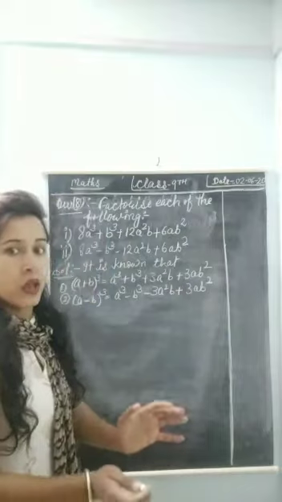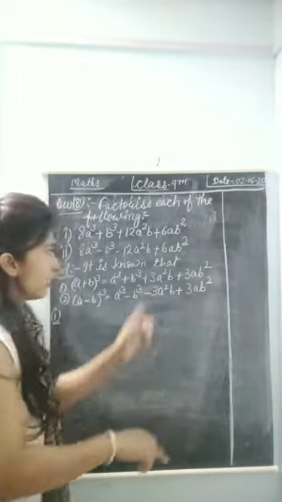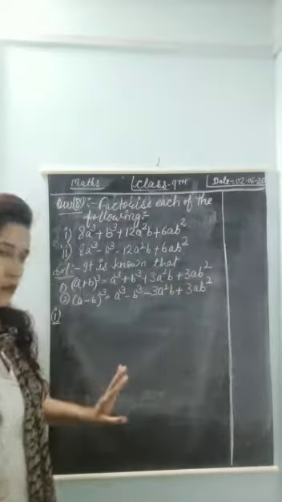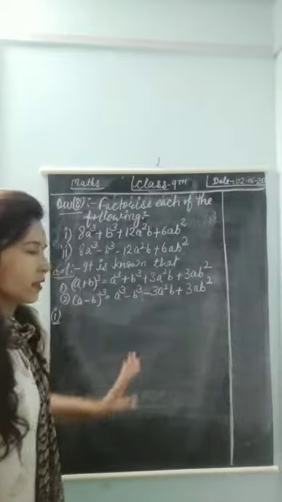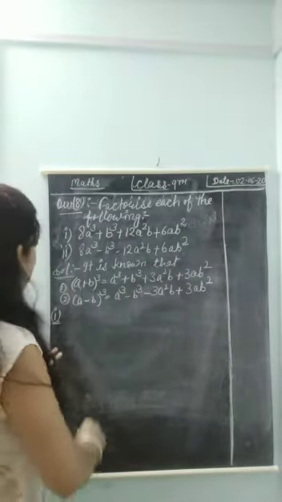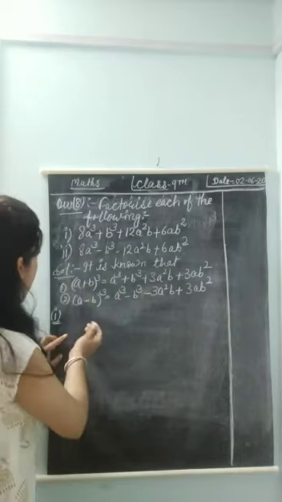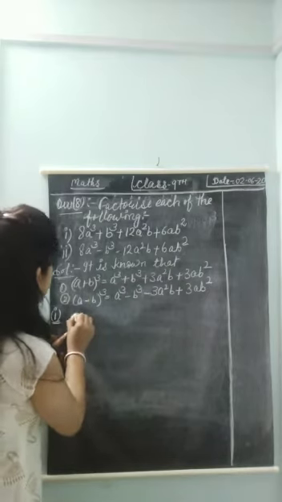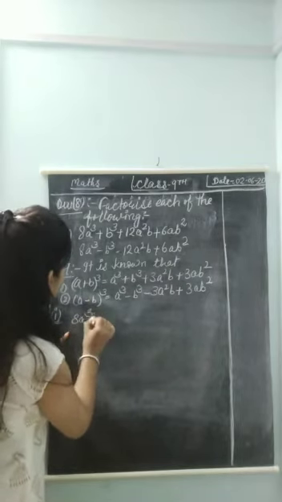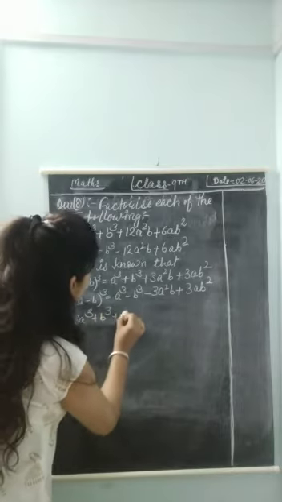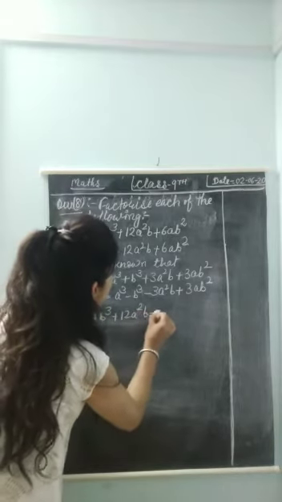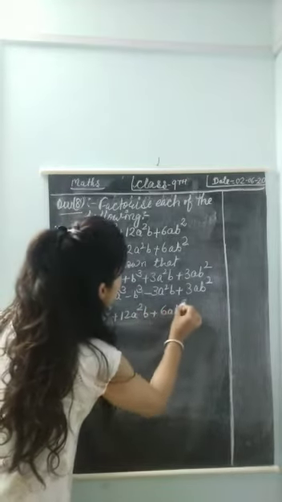When we open the bracket of that identity, we get this formula. You can also write it in this form.